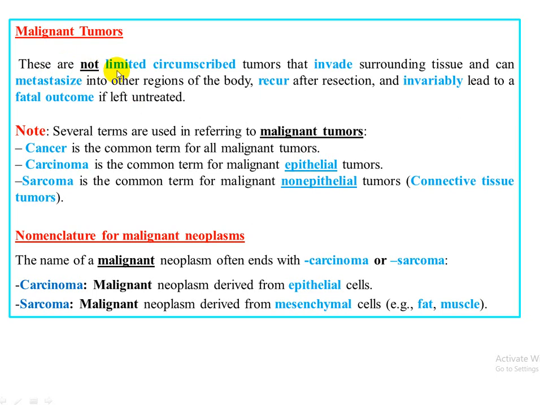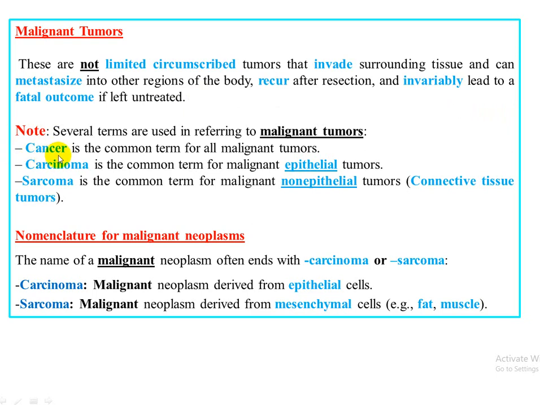They are ill defined and not circumscribed by fibrous connective tissue, and therefore they are invasive and infiltrative to surrounding tissue, may metastasize to distant tissues or organs in the body, and may recur after surgical resection, and their outcome may lead to death.